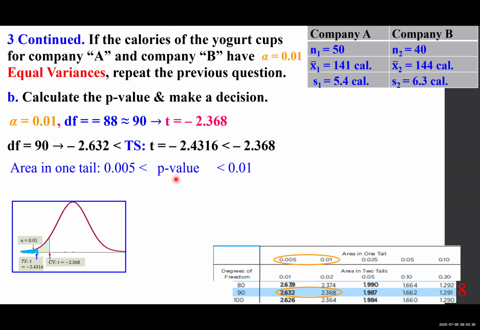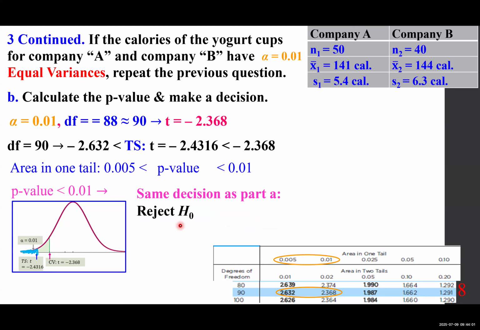And if the p-value is less than 0.01, that's what matters, and that happened to be alpha, we get to the same decision, which is rejecting H0. P-value is less than alpha of 0.01, same decision as part A, reject H0.